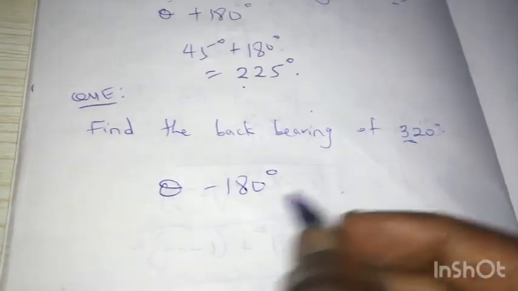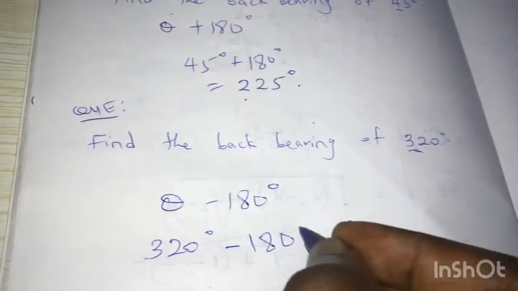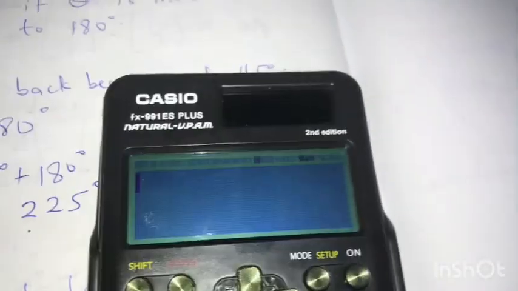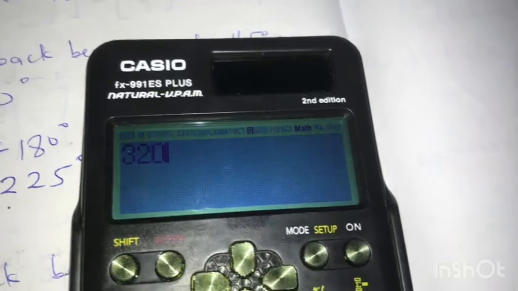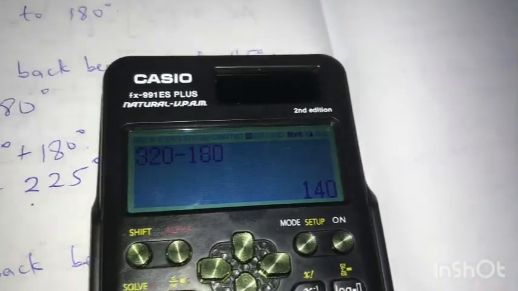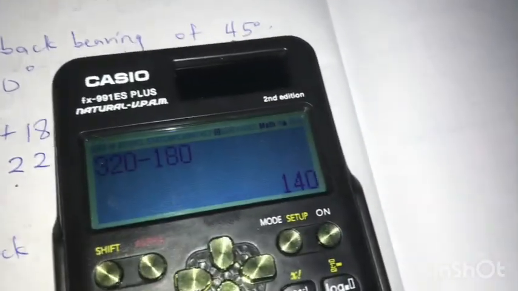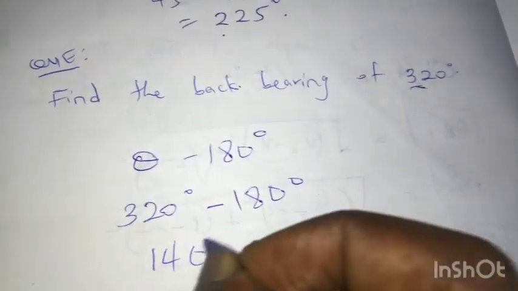What's the theta? The angle. So 320 degrees minus 180 degrees. I'll also use my calculator here. So we have 320 minus 180. We are going to get 140 degrees. Okay, so the back bearing is just 140 degrees.